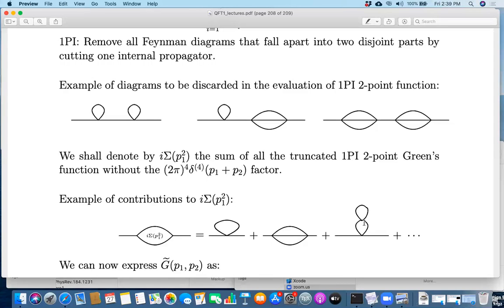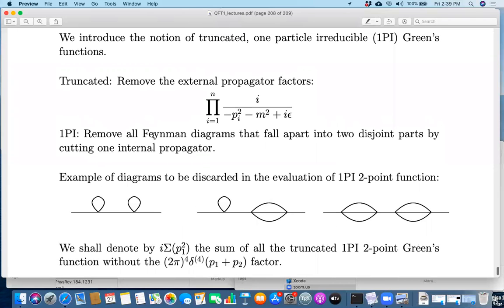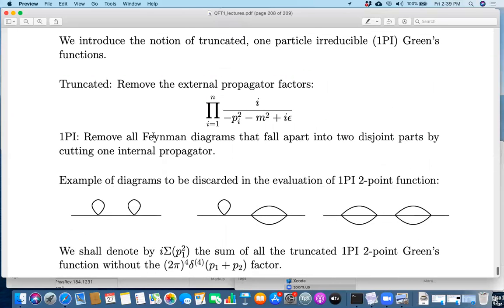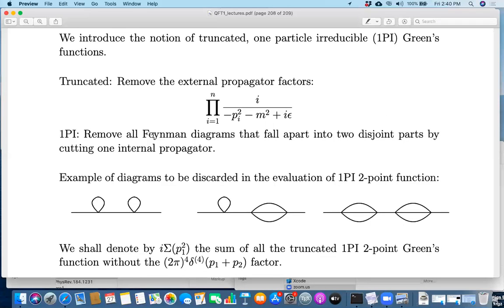So these are called one particle irreducible diagrams, whereas these are one particle reducible diagrams. So is this notation clear? This is just to classify different kinds of Feynman diagrams. And it's useful not only for 2-point functions, but also for multi-point functions. But for the time being, let's focus on 2-point functions only.